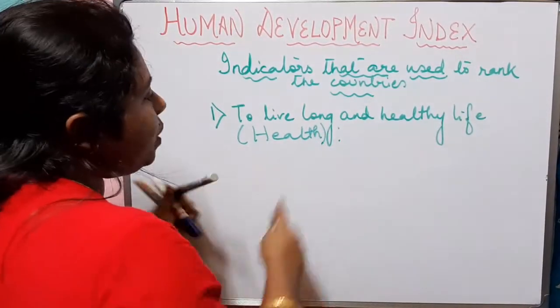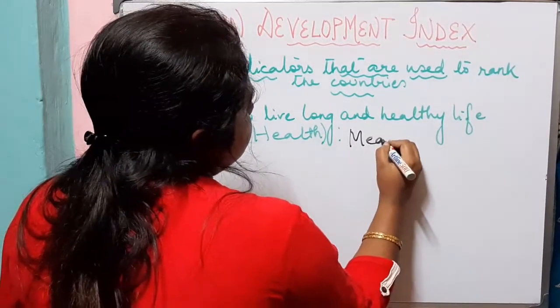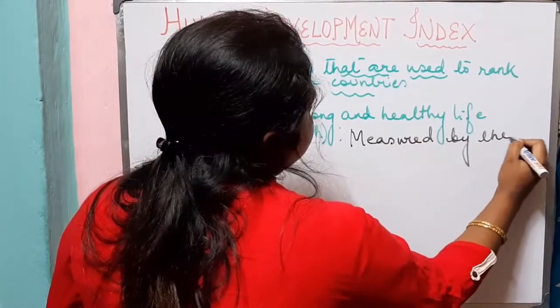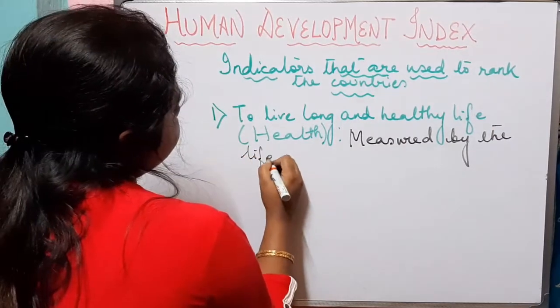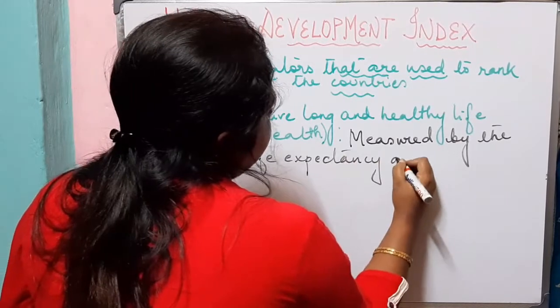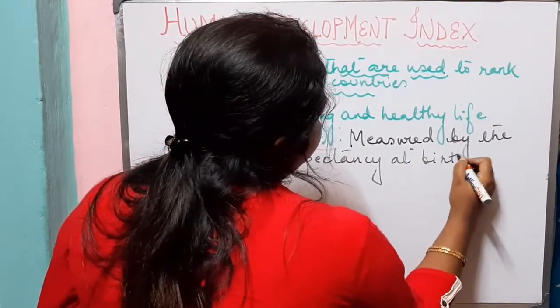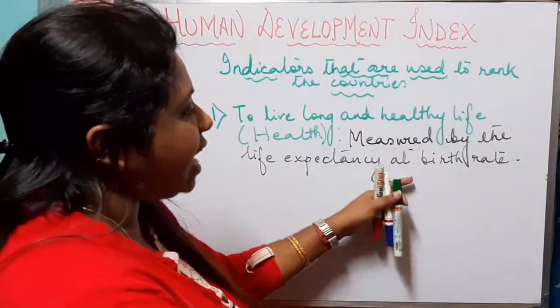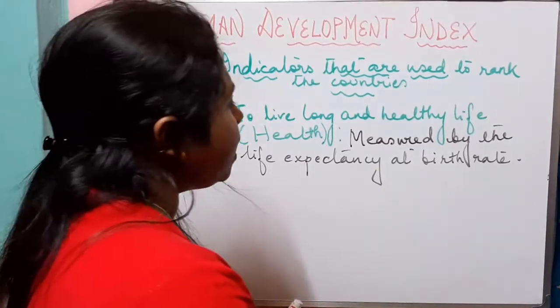Now, how do we measure health? Health is measured by the life expectancy at birth rate. That means to assess health, the data provided by the life expectancy at birth rate is taken into consideration.